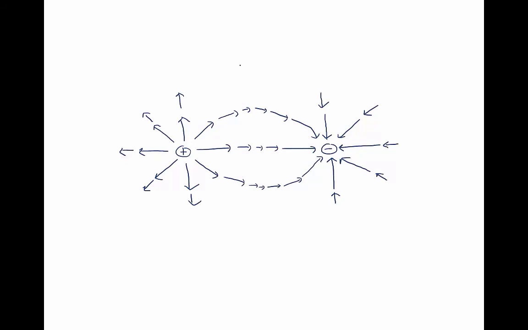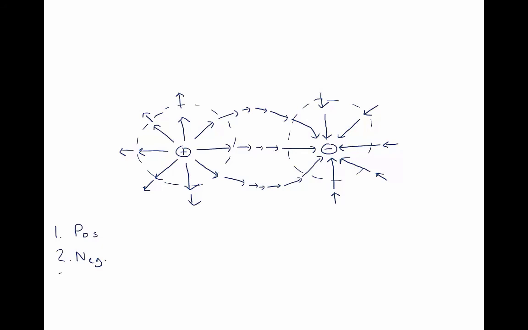So I've gone ahead and sketched this a little bit bigger. If we have a sphere centered on the positive charge, all of the arrows are going out perpendicularly through that surface. So because they're all going out, we have a positive flux. Now if our sphere is centered on the negative charge, all of our arrows are coming into the surface, so we have a negative flux.